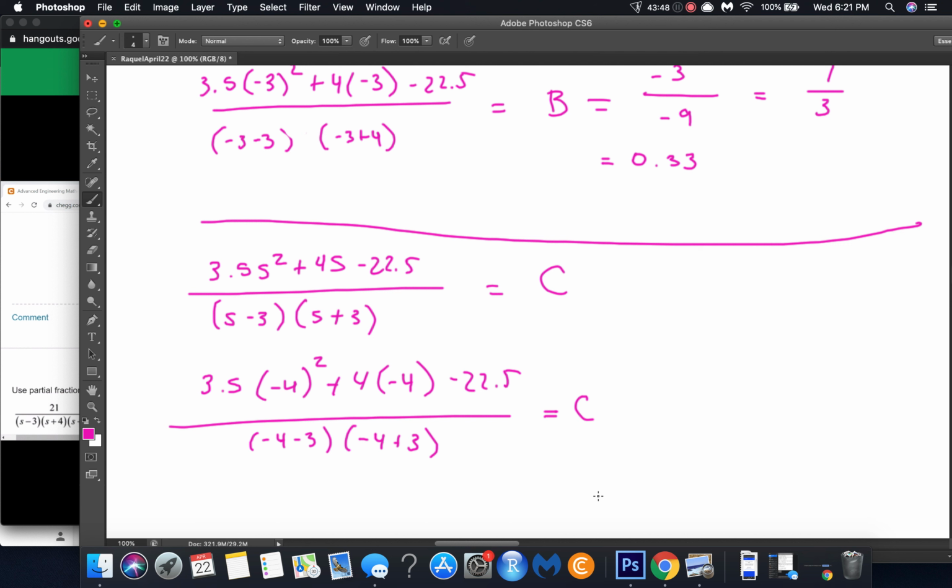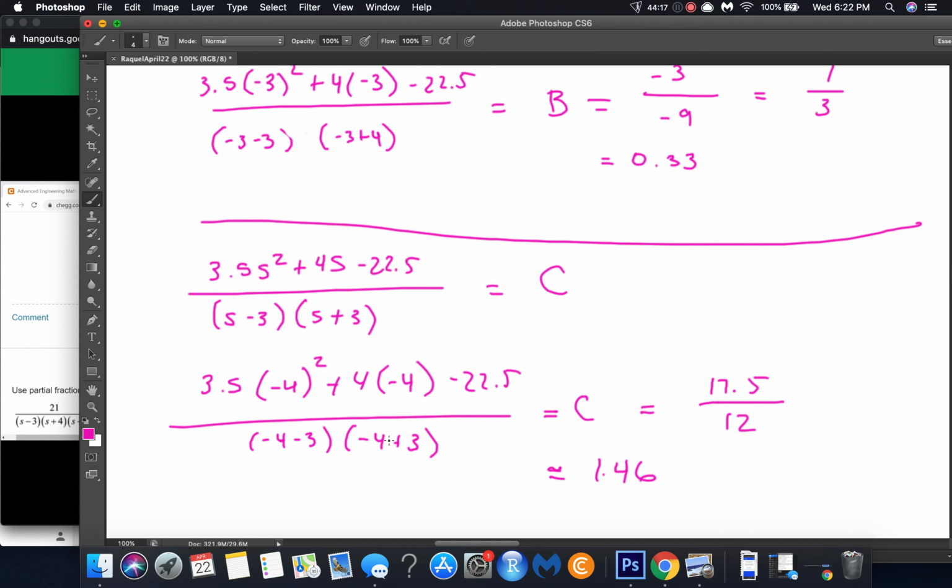So let me plug that into the calculator. 16 times 3.5 minus 16 minus 22.5 is 17.5. And then you get -12 times -1 is just 12. So that divided by that is 1.46. Wait, that wouldn't be 12.